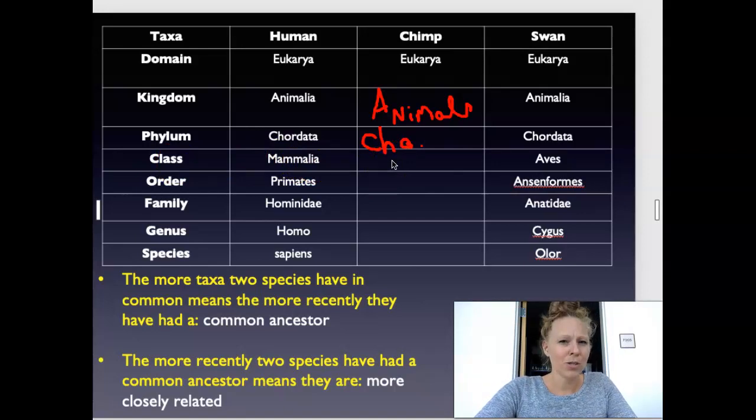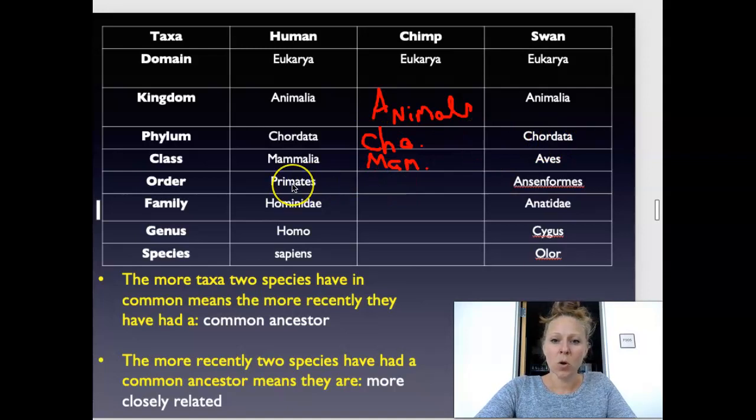Do they have fur? Do they breathe air? Yes, they're mammals. So I'm going to write the first three letters, mammals. However, swans do not. So the most recent common ancestor that humans and chimps had with a swan was an organism that had a backbone.